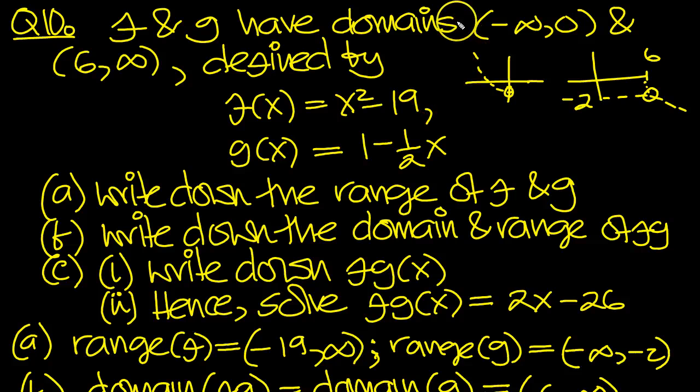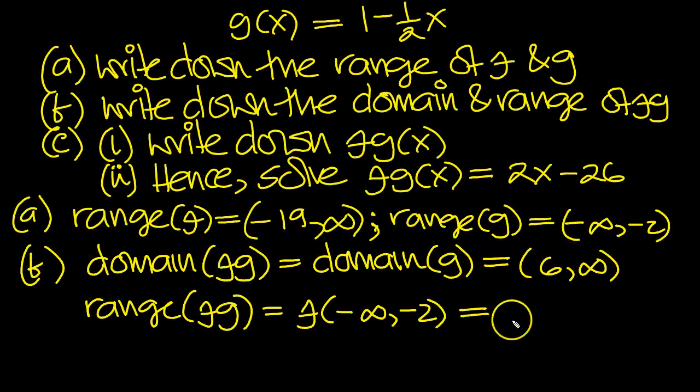Minus infinity would be high y values all the way down to f of minus 2. And when it's minus 2 it stops. It doesn't include minus 2. So when we put minus 2 in here, you get 4 minus 19, which is minus 15. So that's the value it goes down to without touching it. So it goes down to minus 15 from infinity. So there's the range of f composite g.